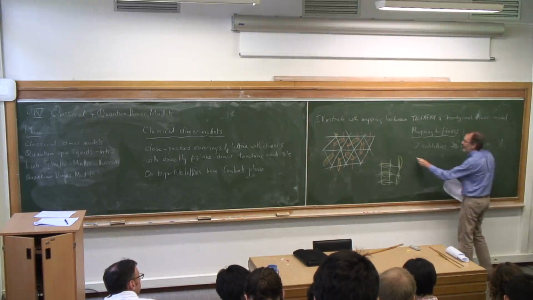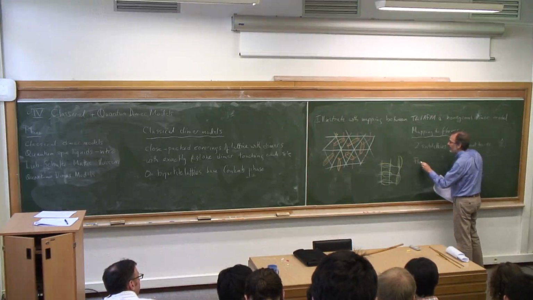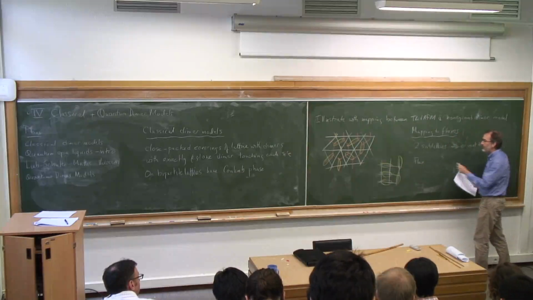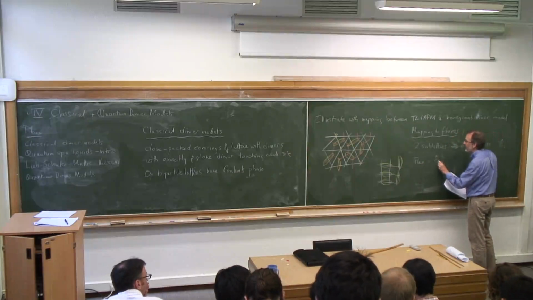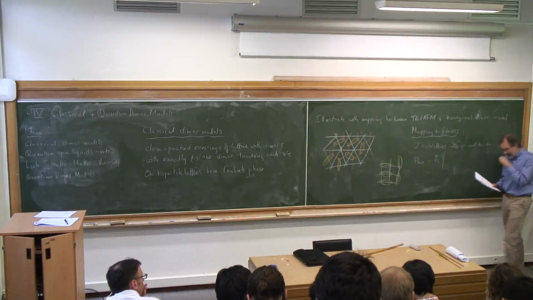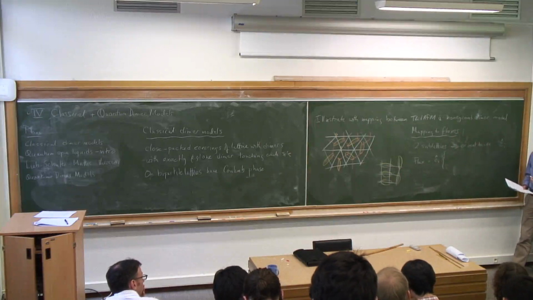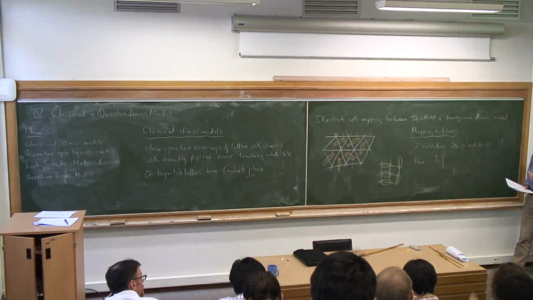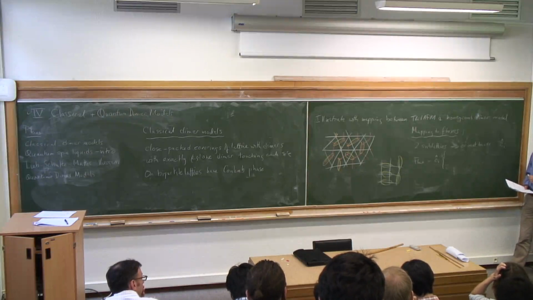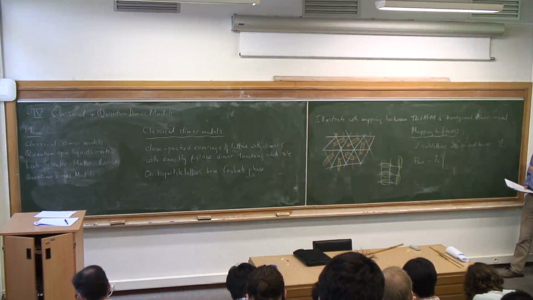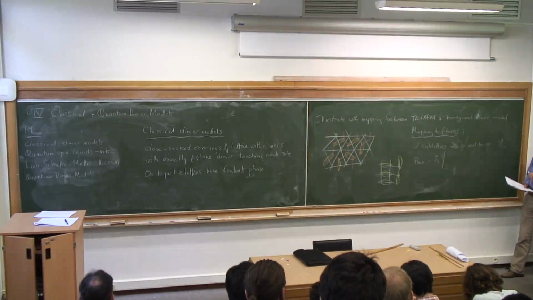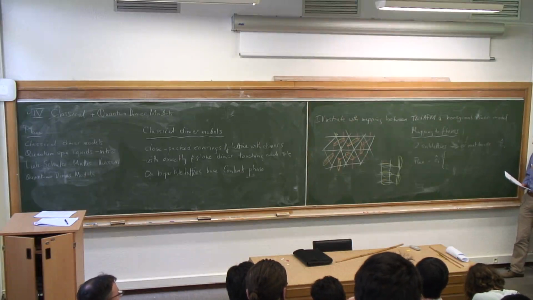And then I can say that the flux on a particular bond will be in this direction and of a strength which depends on whether that particular bond is occupied by a dimer or not. And I choose these strengths so that the net flux into any site of this lattice is going to be zero.